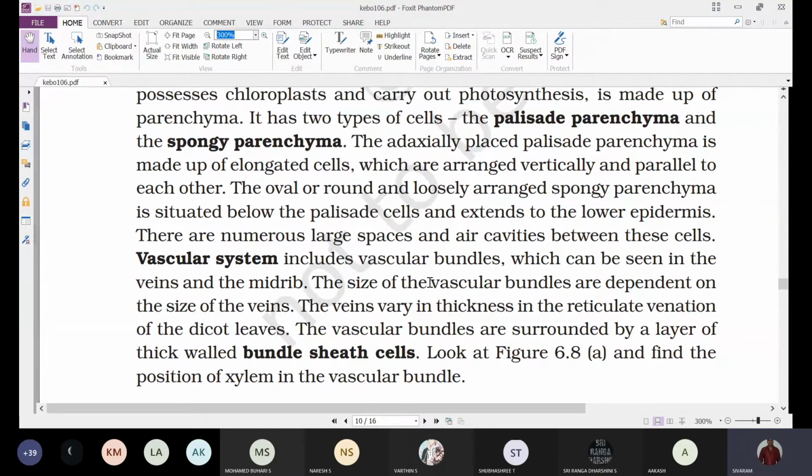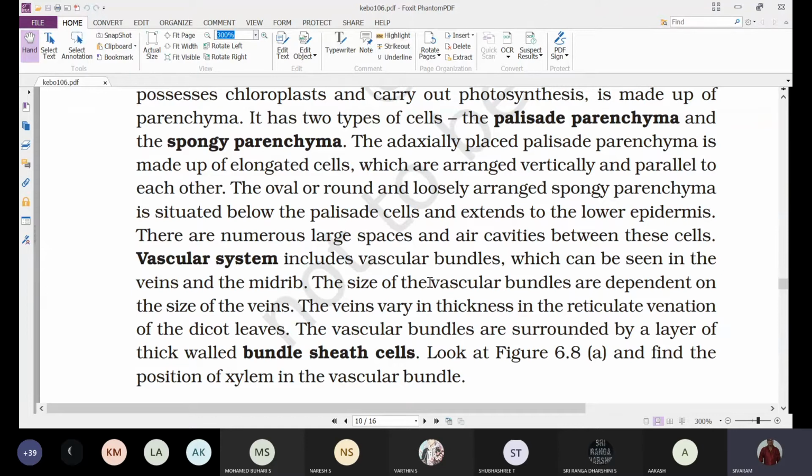That means the cells are arranged parallel to one another, but they are vertical, or perpendicular to the epidermis. But when you observe each parenchymatous cell in this palisade parenchyma, they are arranged parallel.